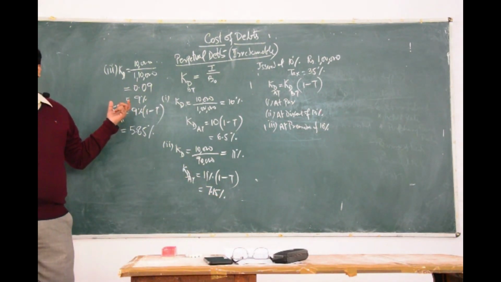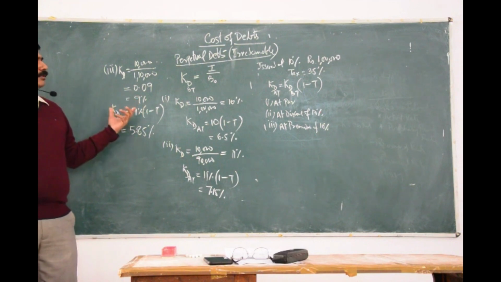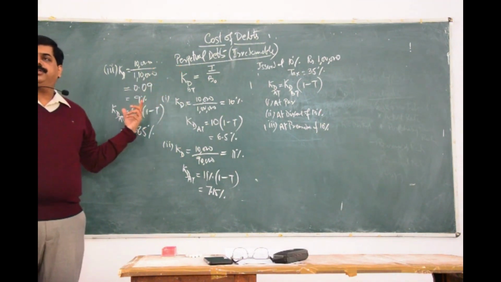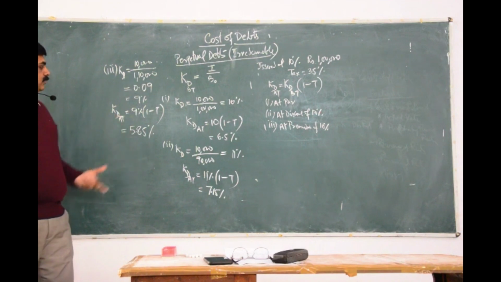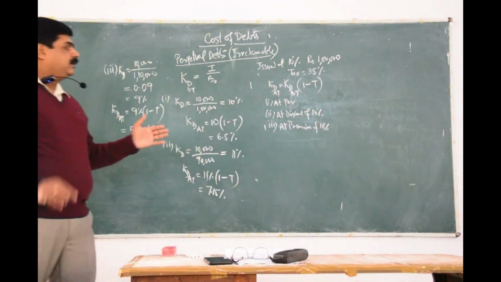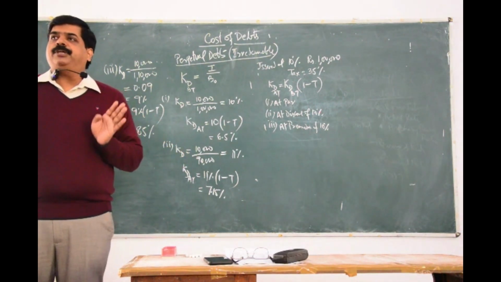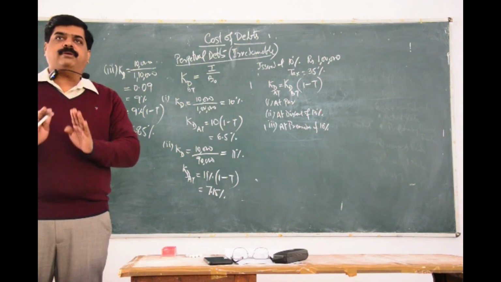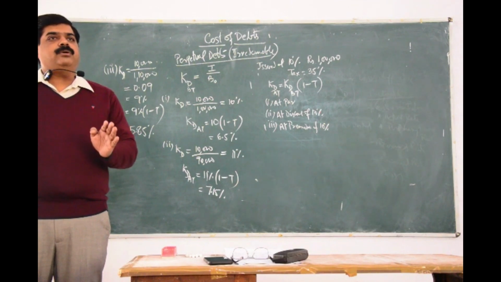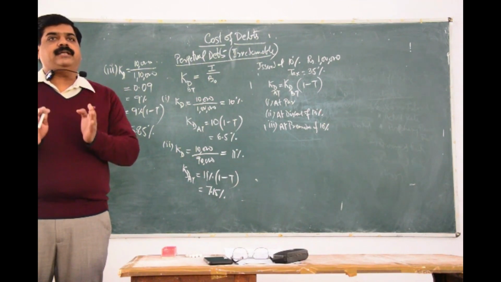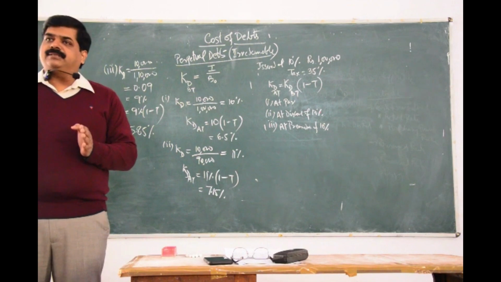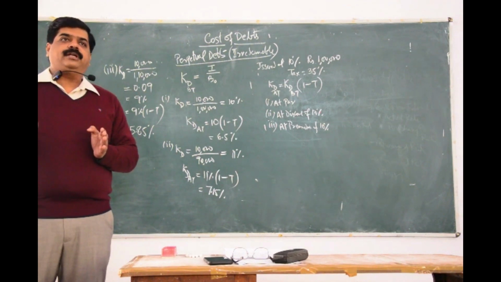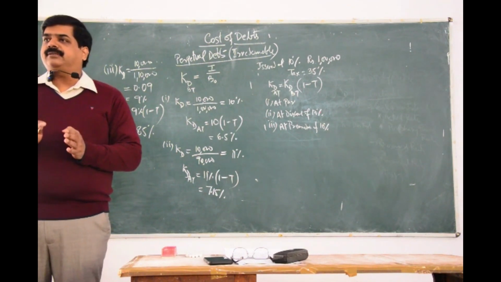That means the company is able to collect more money, because the face value is rupees 1 lakh and it has been issued at a 10% premium. So, this is the easiest method, perpetual or irredeemable: whatever interest amount is given, that interest amount will be considered as the cost of debt if the tax is not given. If the tax is given, you deduct (1 minus T) and you will get the cost of debts after tax.